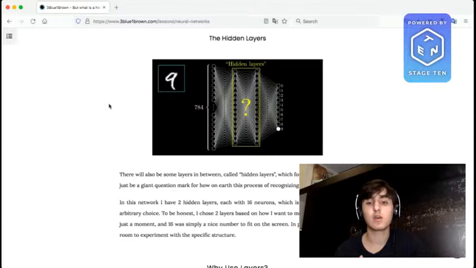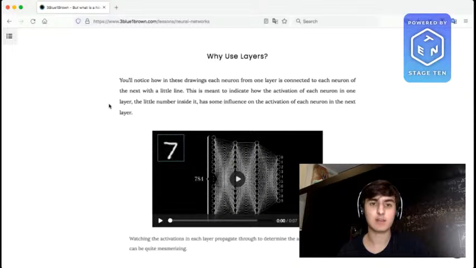You'll notice how in these drawings, each neuron from one layer is connected to each neuron of the next with a little line. This is meant to indicate how the activation of each neuron in one layer, the little number inside it, has some influence on the activation of each neuron in the next layer. Right, so we have an animation. The 7 is being broken down, and then it's feeding through the network.